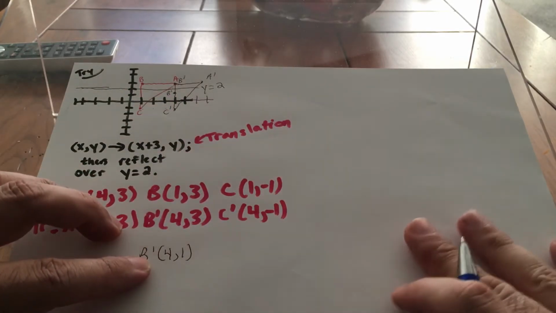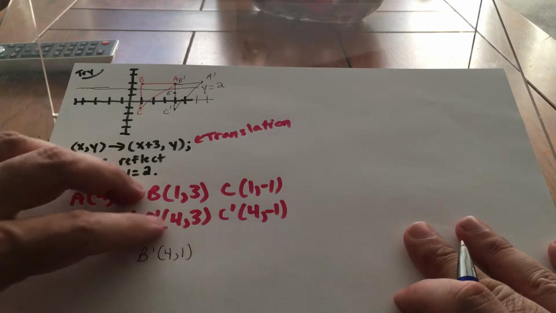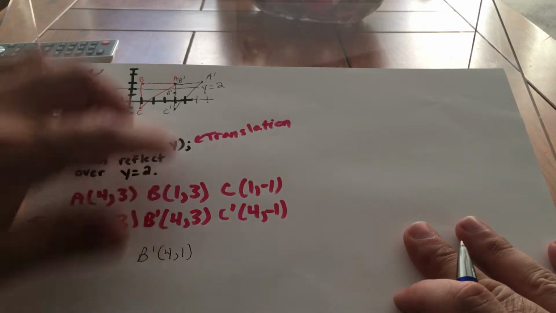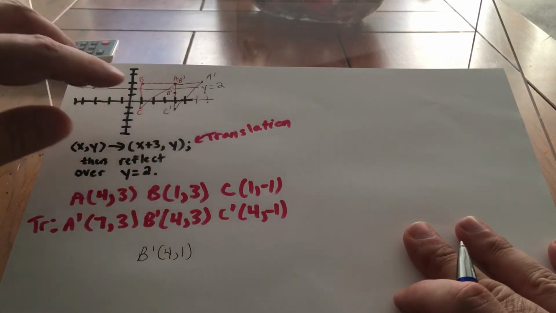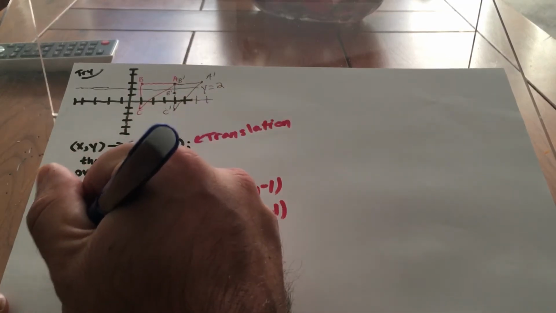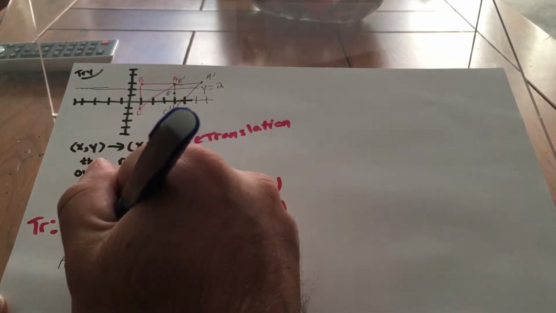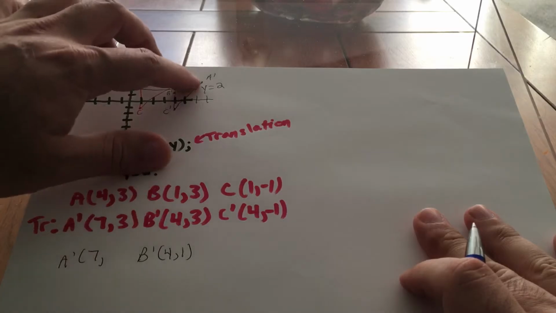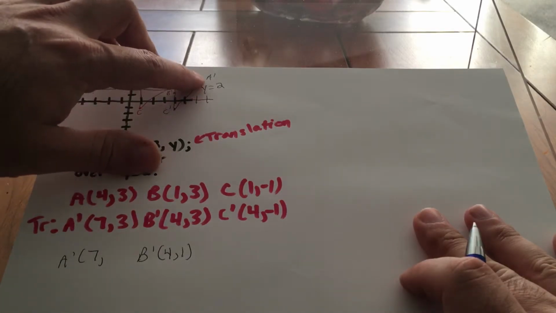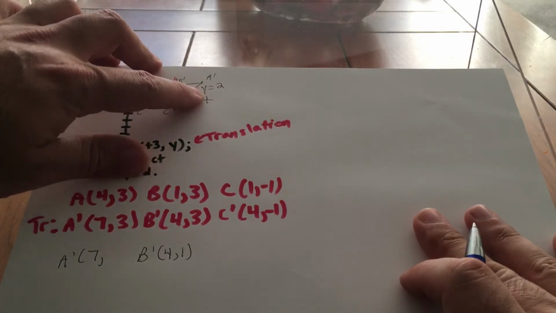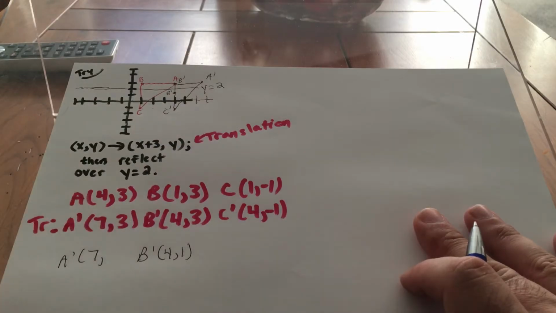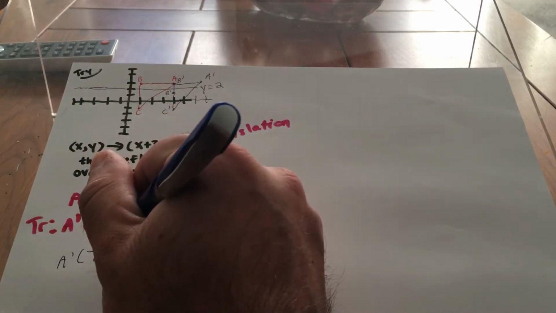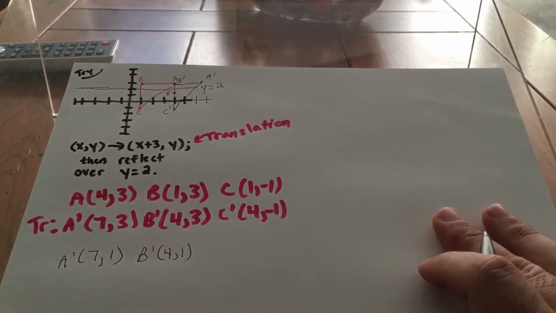And notice what happened to your coordinate here. Your X coordinate is going to stay the same, and you're going to expect that up here as well for your A prime. Your X coordinate is going to stay the same, 7. But to get across this y equal to 2, you've got to go 1 and then 1 beyond it. So you're taking 2 away from the y coordinate. So in this case, your new coordinate is going to be 7, 1.